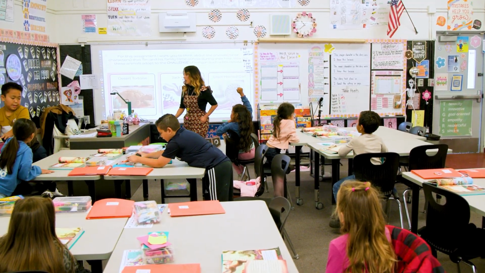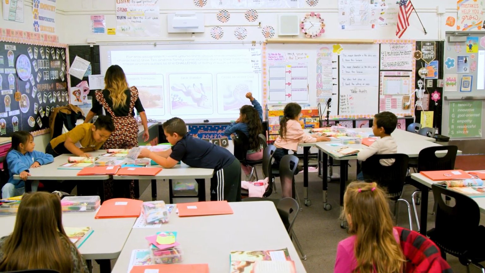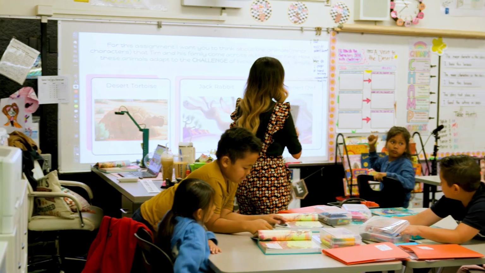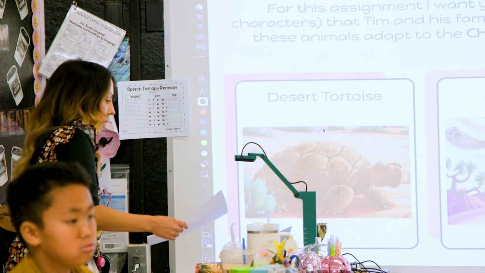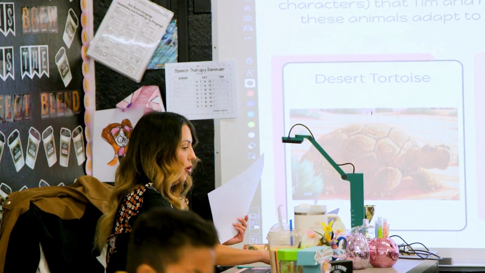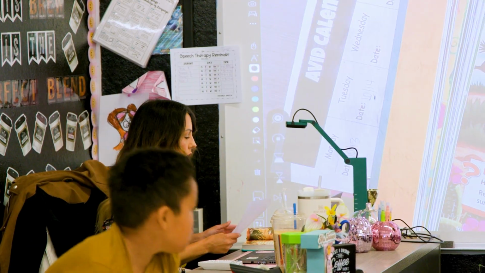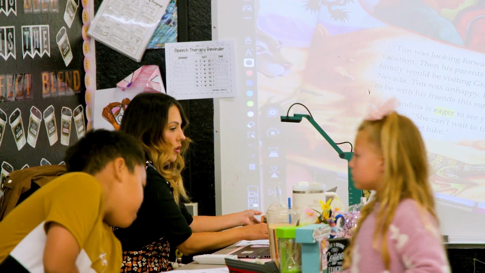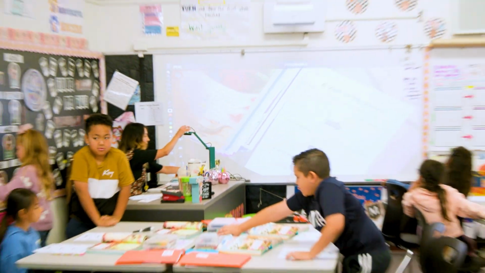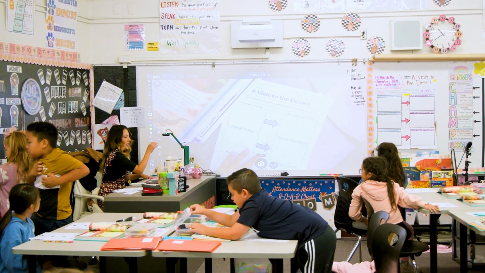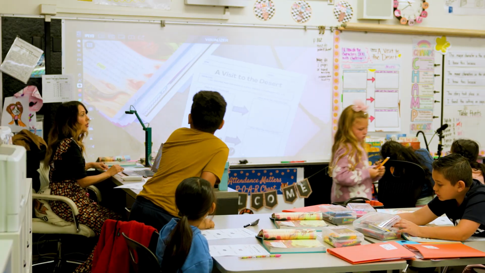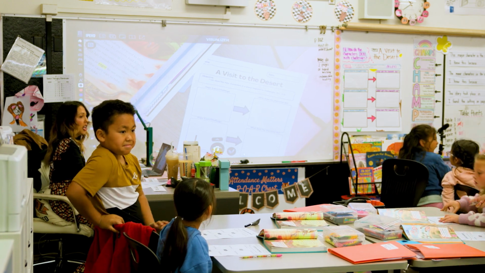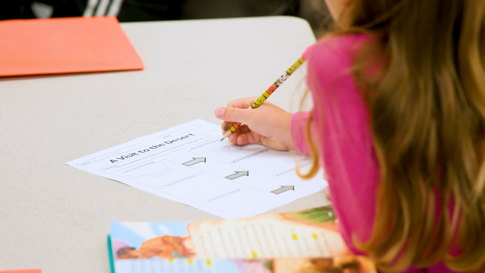Okay, I'm going to come around with a worksheet. Our paper looks like this, and I'm going to go ahead and show you what it looks like. We talked about 3 characters right now that go through the challenge of living in such a hot desert.